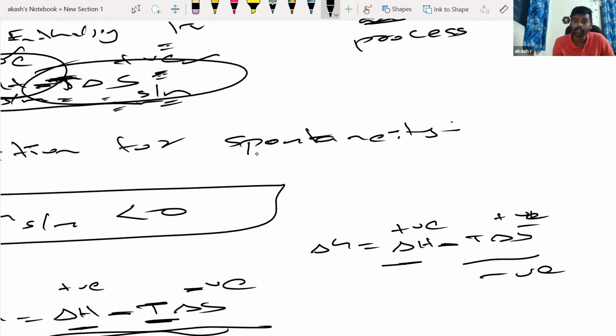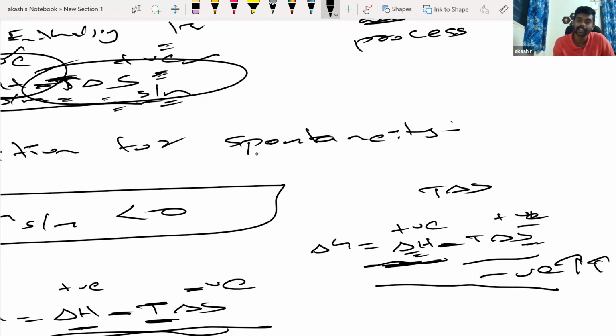So I want this term to be very, very high compared to this term. Only then the overall term will become negative. Again, I repeat, this is positive, and negative into positive will become negative again overall. But I want the overall thing to be negative. That means the T delta S value should be greater than delta H.